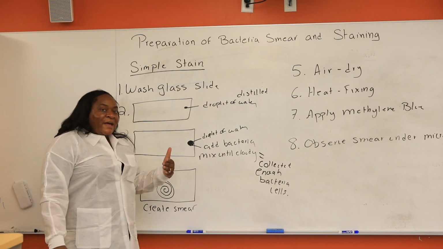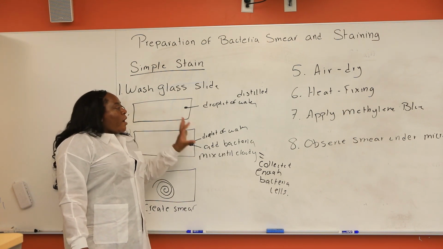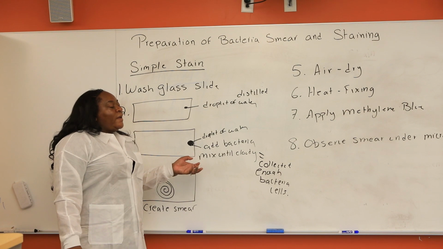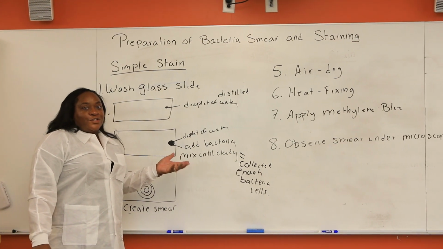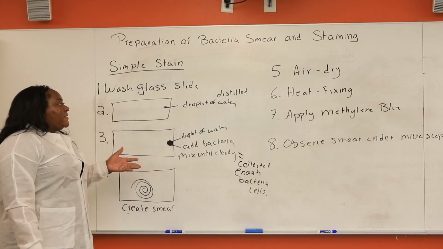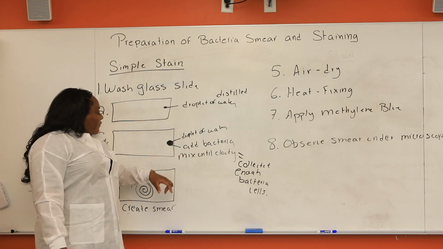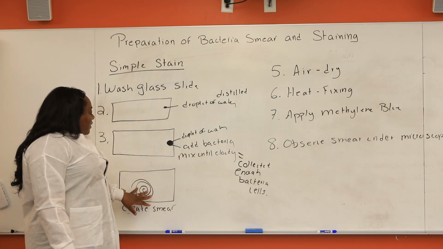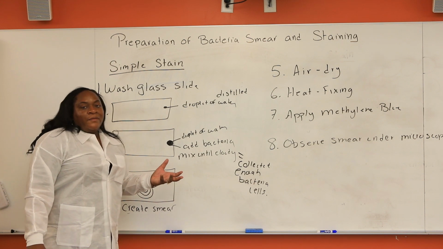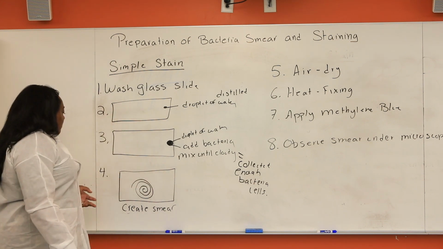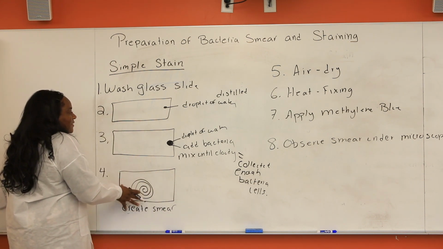The worst thing to have happen is if you do all of this, you look under the microscope and your cells are colorless. There's no color, because you did not allow for a thinner bacteria smear to really allow the stain, the dye, to penetrate. Okay, so you create your smear. This is how you create it.